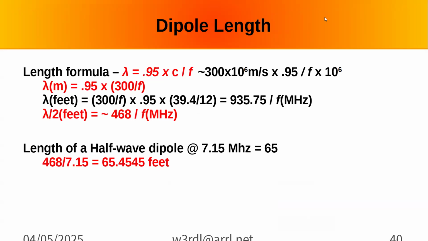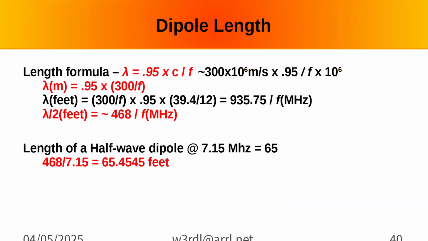To calculate the length of the elements for a dipole, you can use the formula lambda equals 0.95, they're assuming a velocity factor of 0.95, as if it was a copper wire antenna, uninsulated.